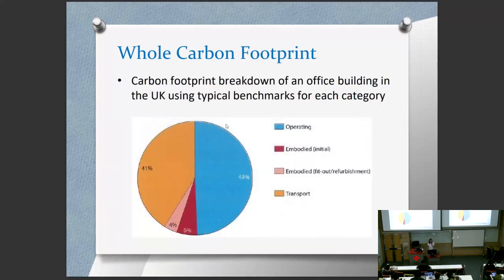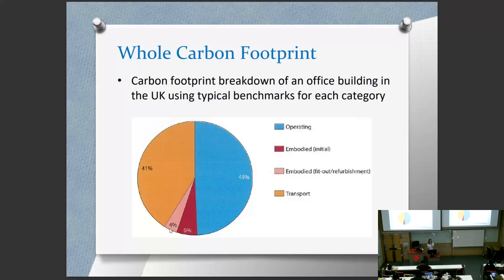This is the carbon footprint breakdown for an office building in the UK using the typical benchmark for each category. The proportion will be around like this. The operating carbon is around half, then 41% is the transport carbon, and the initial embodied carbon and recurring embodied carbon are around 10%.